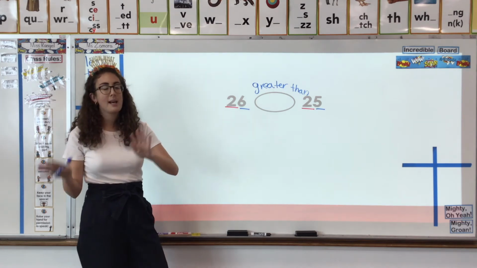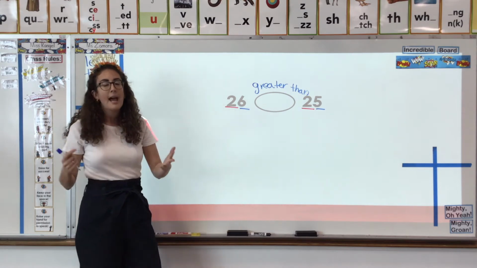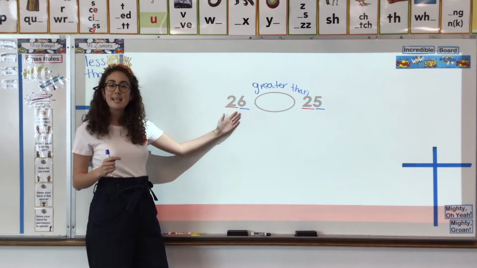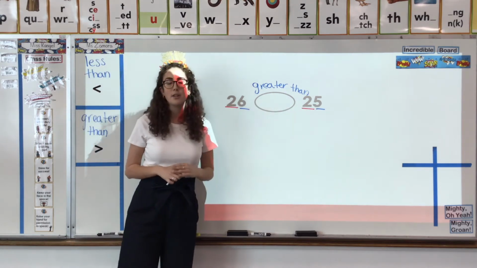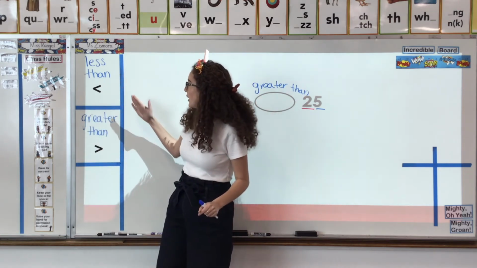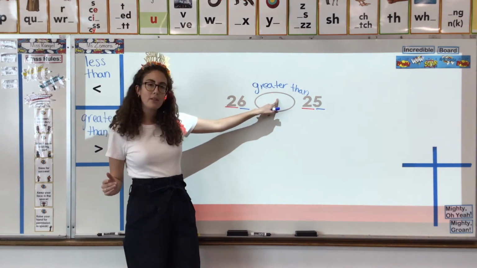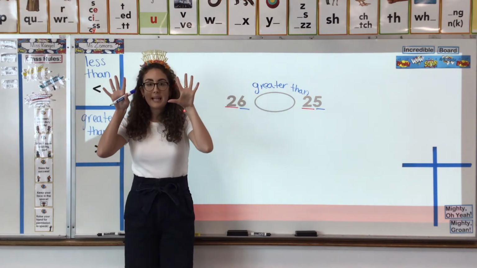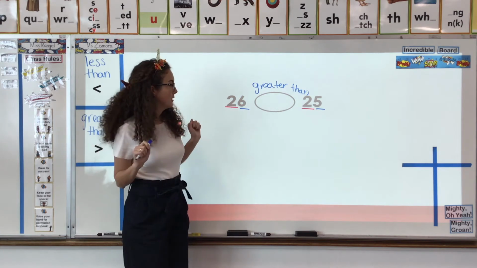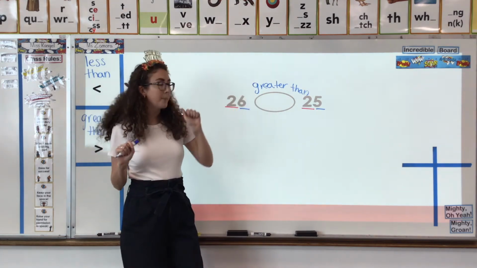So second grade, now that we've looked really closely at the place value and have decided that 26 is greater than 25, we need to fill in this circle with the correct symbol. Let's see, if it's greater than, where is the opening of the symbol going to face? What do you think? Greater than, can you fill it in?